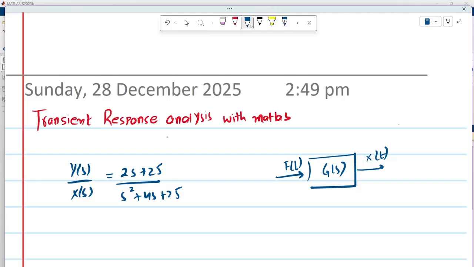So how to tell the MATLAB that this is a transfer function? We have seen how to define this fraction, but telling the MATLAB this fraction is actually a transfer function of any system, for that we define the system using a command sys equals tf, that is transfer function. What the transfer function is, it is simply that numerator and denominator value that we have mentioned to the MATLAB.